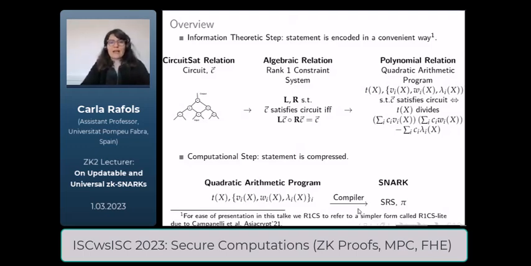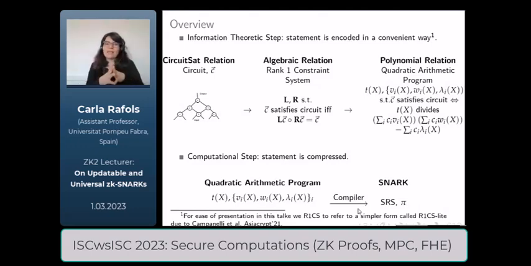Well, there is usually an information theoretical step where all we are doing is rewriting the statements. So we have a very large statement that tells me that a certain circuit is satisfiable. We have a witness for satisfiability, and then we write this circuit relation as an algebraic relation. So there's nothing for now.